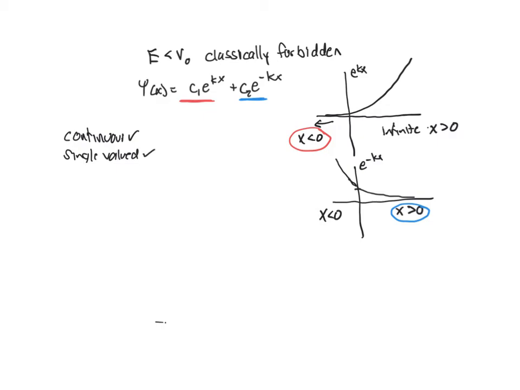They are finite if we look in the right regions, right? So finite, we have to be careful. We can use e to the kx for x less than 0, and we can use e to the minus kx for x greater than 0. Okay, so that will all work fine.